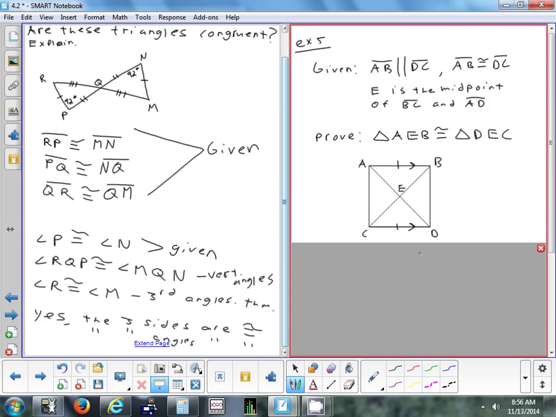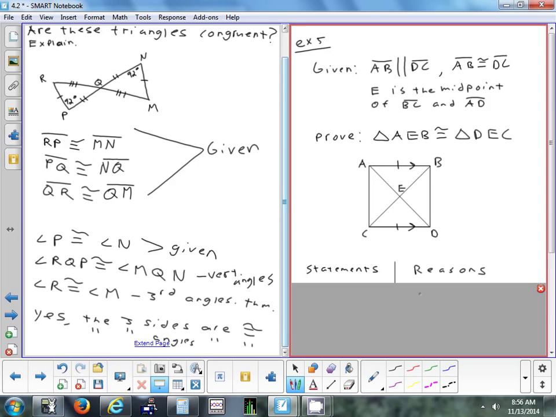And E is the midpoint of the diagonals. Now, if we knew a little bit about a quadrilateral, having opposite sides parallel and congruent, that means something. We don't need to know what kind of quadrilateral this is, though, not for this. Maybe that's enough to prove it's a square, maybe not. It depends.